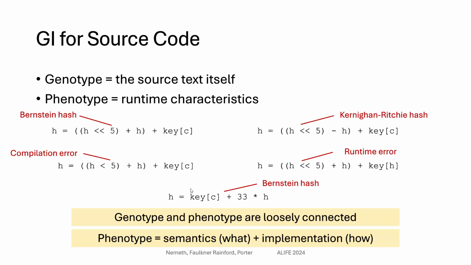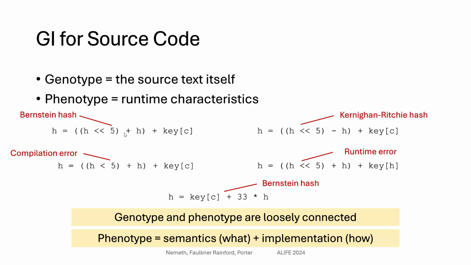So there are two important lessons we can see here. One is the genotype and the phenotype are very loosely connected. Minimal changes in the genotype can create dramatic differences in the phenotype. The other point is that the phenotype essentially captures two things: what the code does and how it does it.